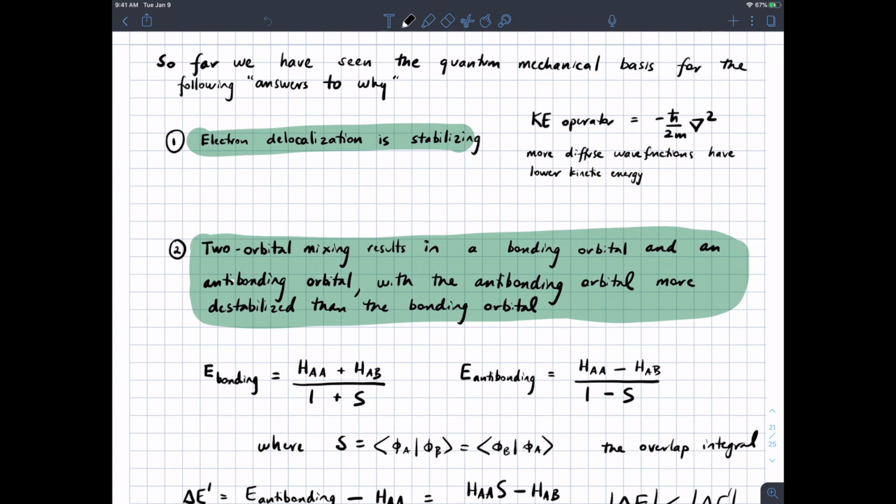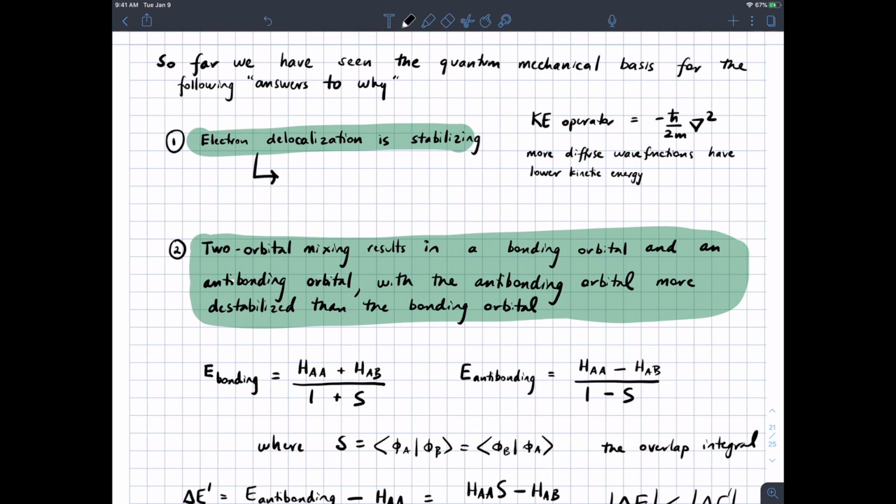Remember, electron delocalization is stabilizing, and that's because of the kinetic energy operator in the Hamiltonian. Spread out wave functions have lower magnitude second derivatives, smaller changes in slope, and so will therefore have lower energy.